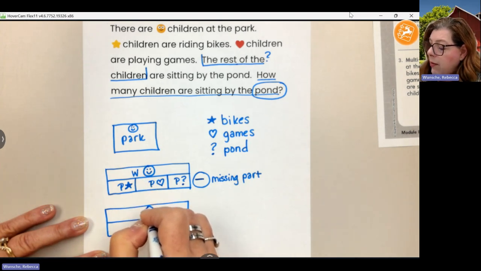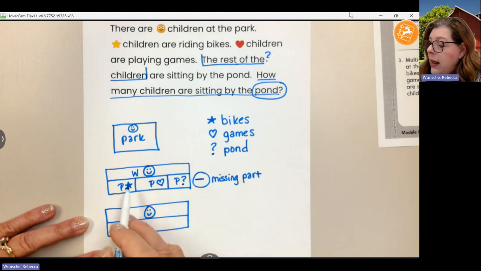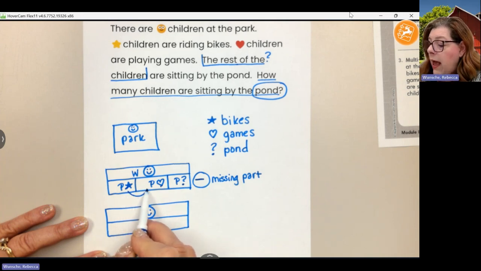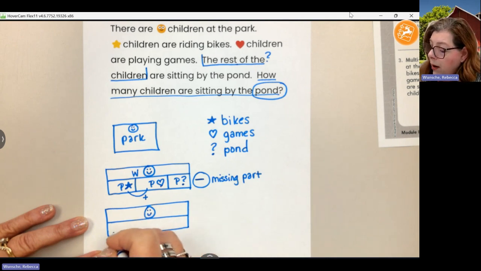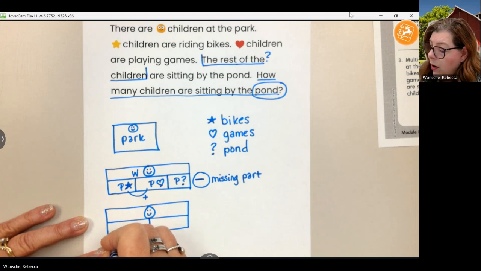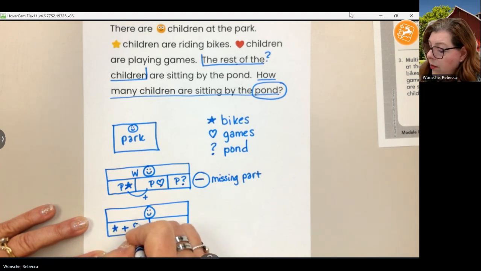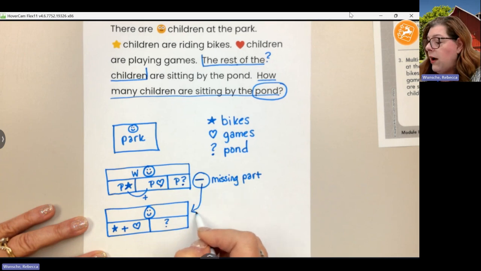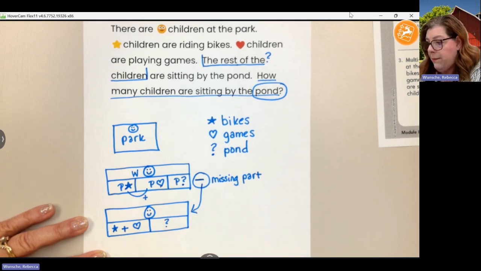This would still be smiley face, but if we have stars and hearts, we could add those together and come up with just 1 part. So this part would be stars plus hearts, and this would be our question mark. Now it really starts to look to us like a subtraction problem.